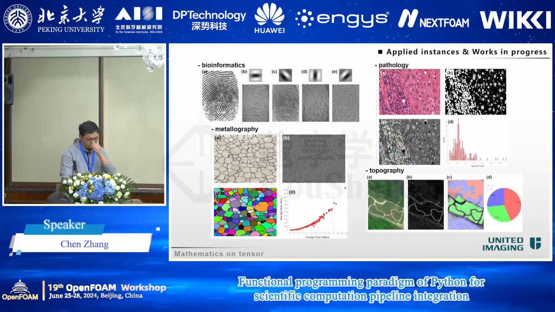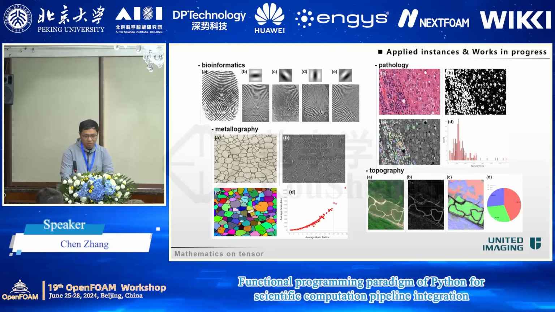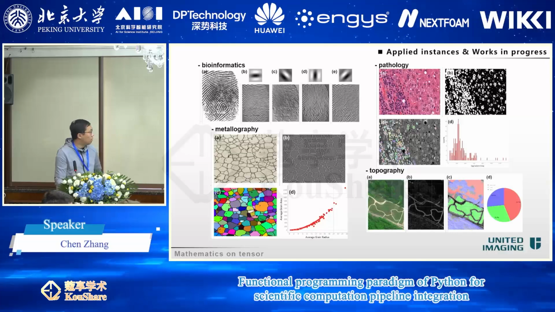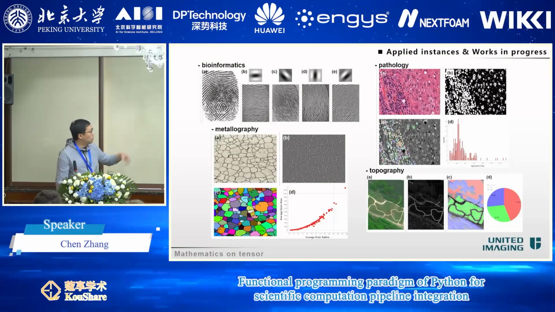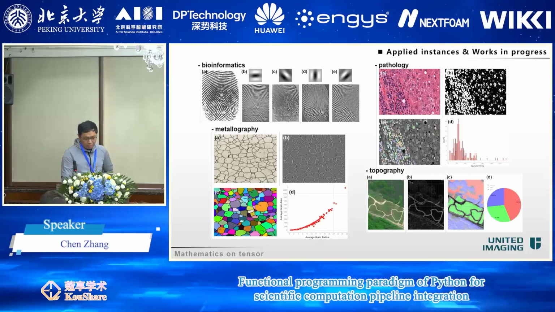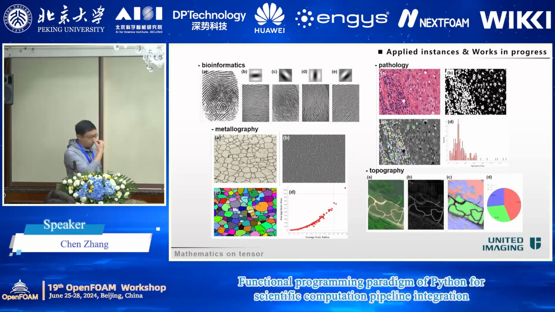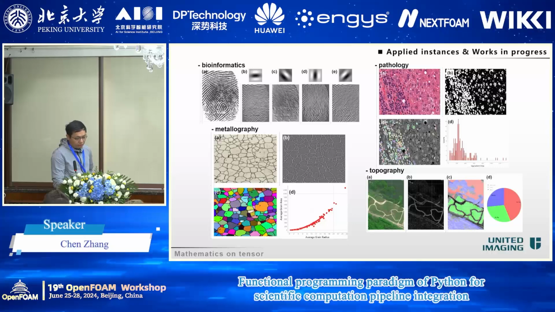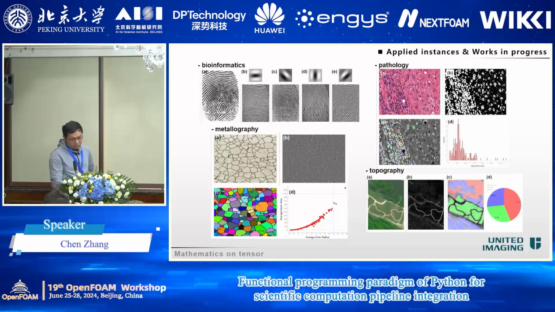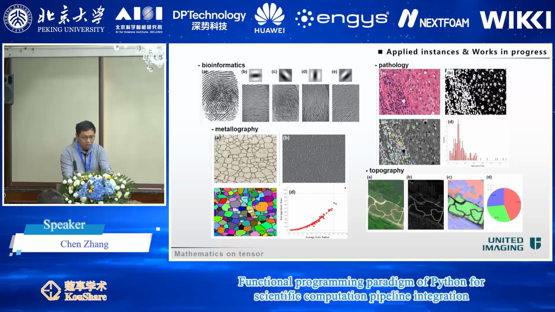So I will show some examples of the mathematical computation. Like here, the fingerprint augmentation in bioinformatics, and here is the nuclei recognition in pathology, and this is the grain identification and recognition in materials research, and the last one is some semantic classification on topography.